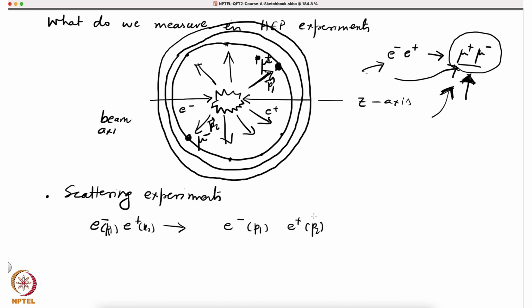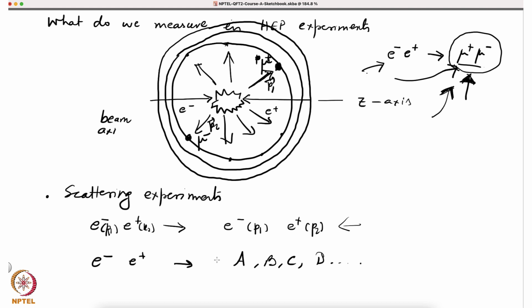They are moving in different directions, and this is what you usually call scattering. But even when they produce many different particles, whatever these particles be, even then we call this a scattering experiment. Though it's different from this variety, the generic term that is used is scattering.